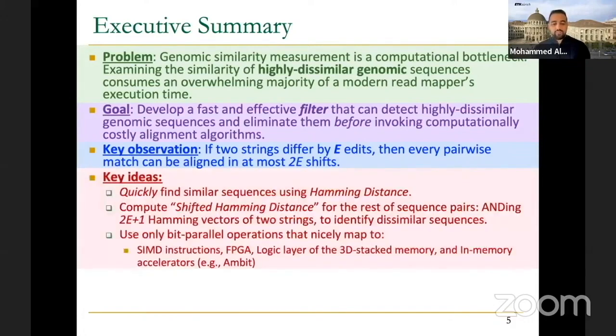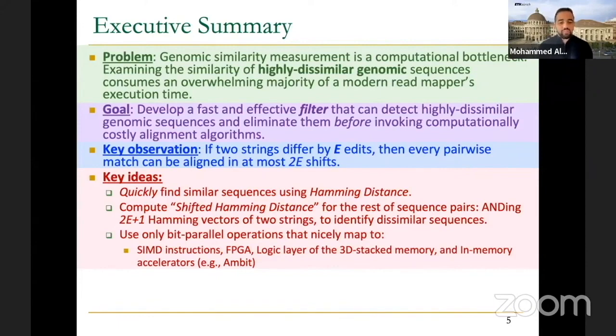We use this to build a very quick filter, so that we quickly find similar sequences first using Hamming distance. We apply Hamming distance and see the number of differences. If they still exceed a threshold, we cannot yet say whether they are similar or dissimilar. So we need to continue with the second step.